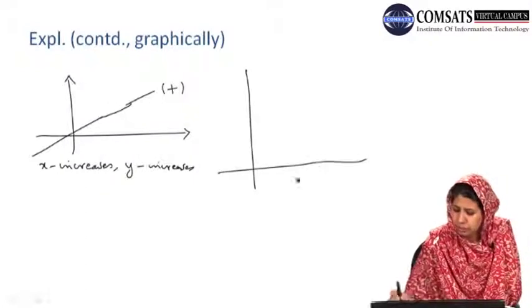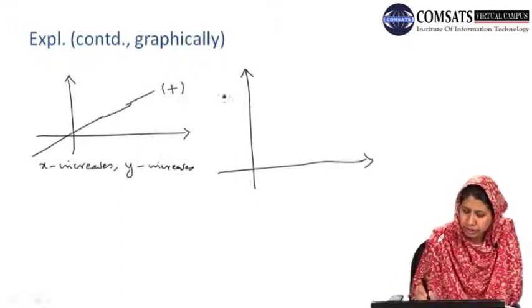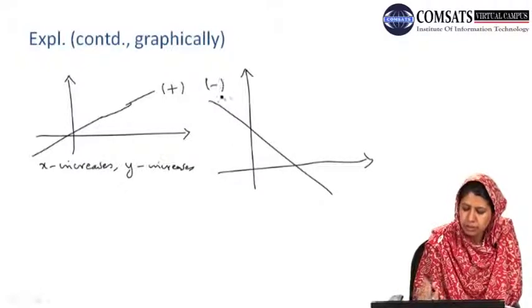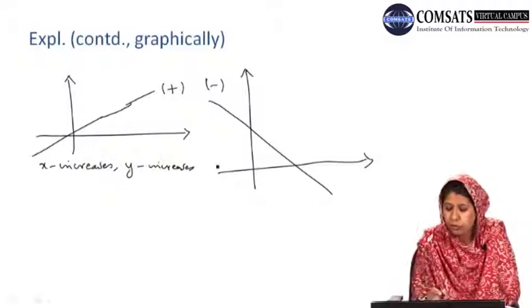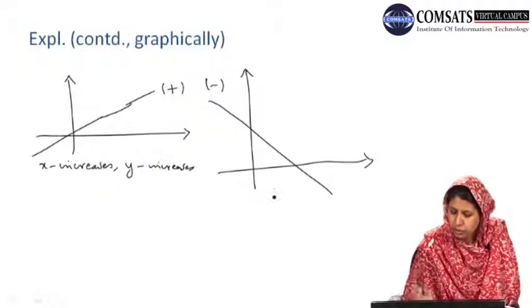Now again our xy axis, and now I draw a line which falls from left to right, so the line has a negative slope. Now what does this mean?